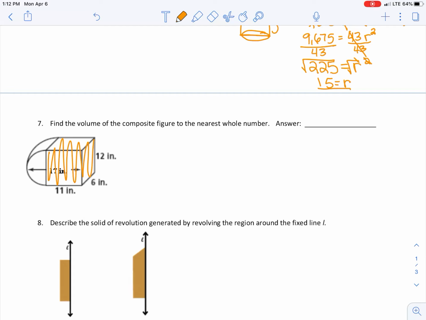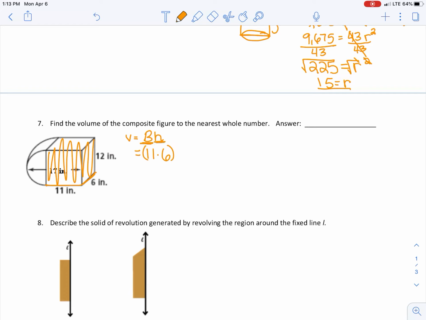With a prism, we talked about that in lesson 2. So we know the volume of our orange figure, our prism, is going to be the area of the base times the height of the figure. So the base looks like it's going to be a rectangle because I have a length of 11 times a width of 6 here. So we're going to say 11 times 6 for our big B. So that takes care of the area of our base.